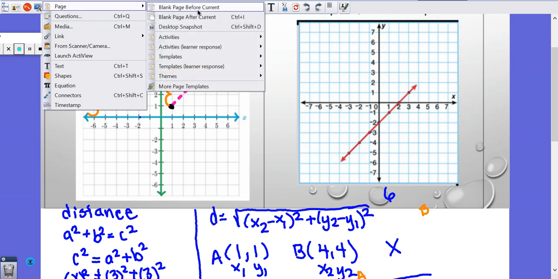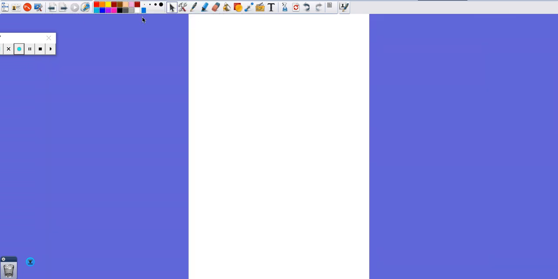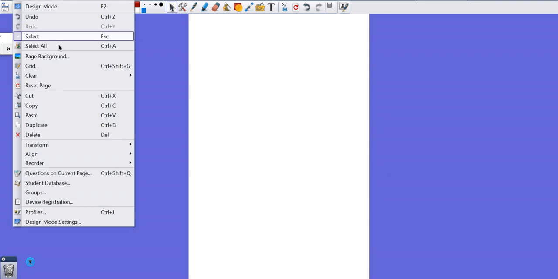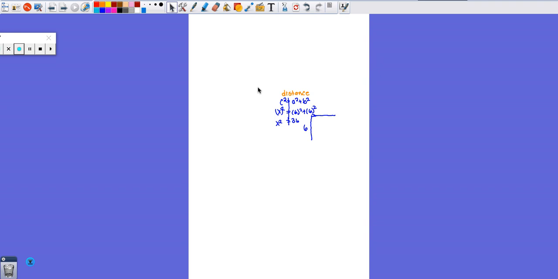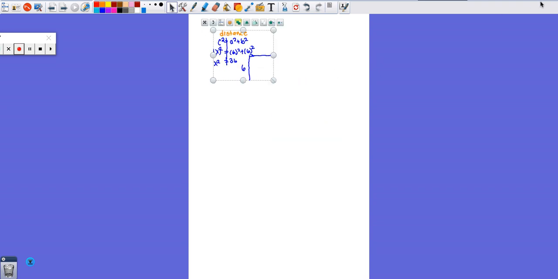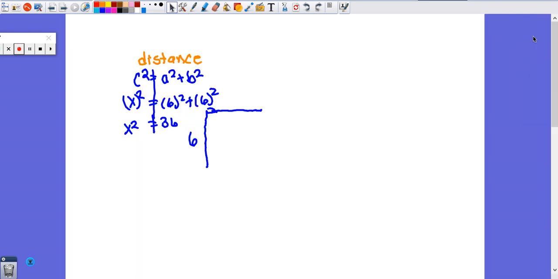Do I insert a blank page after this one? And then I am going to paste so you can see the math. I didn't want that to be sloppy for you guys. Give me a second and I'll make it bigger. Alright, and let me go draw my stuff back.